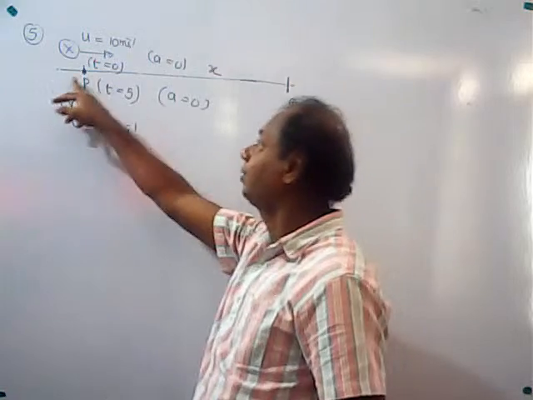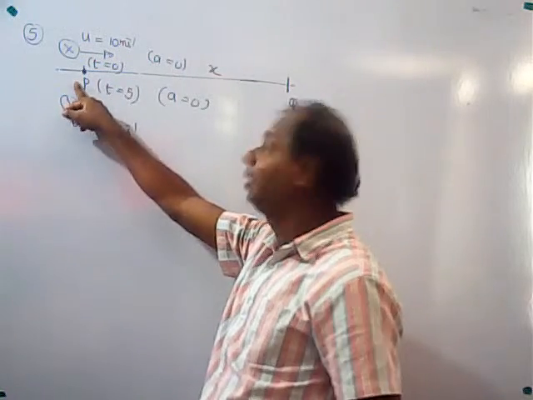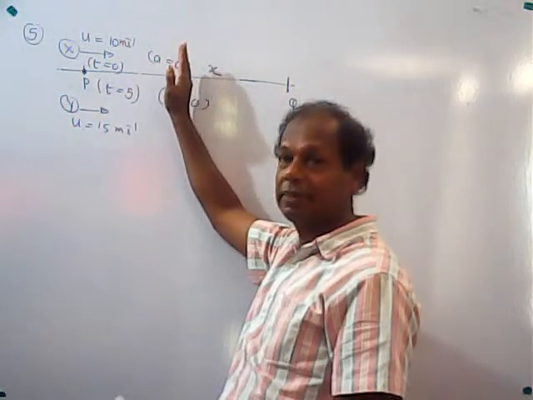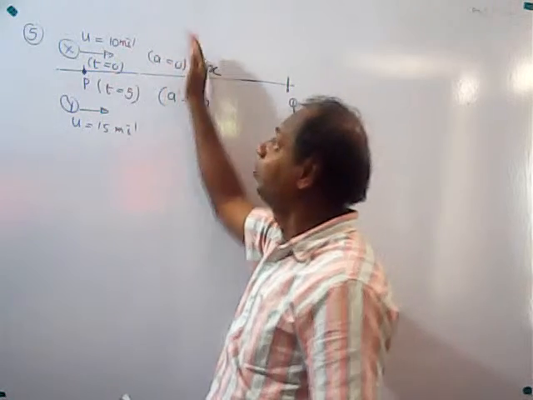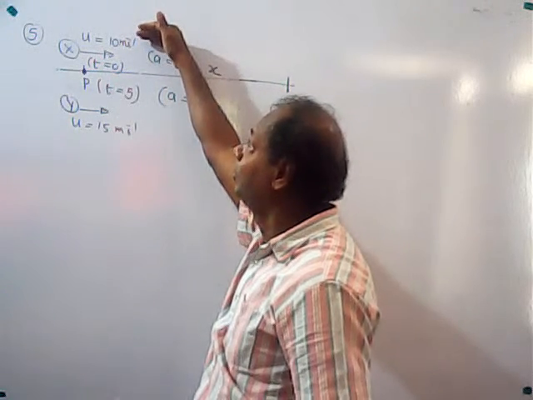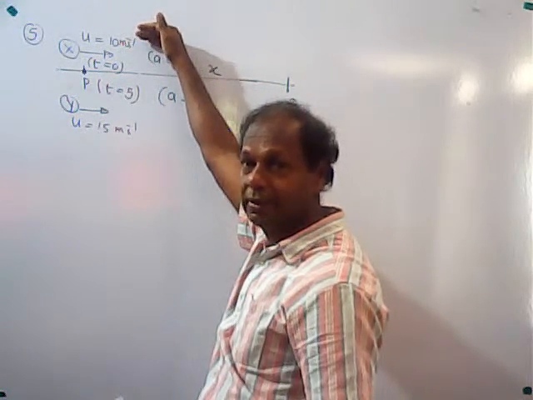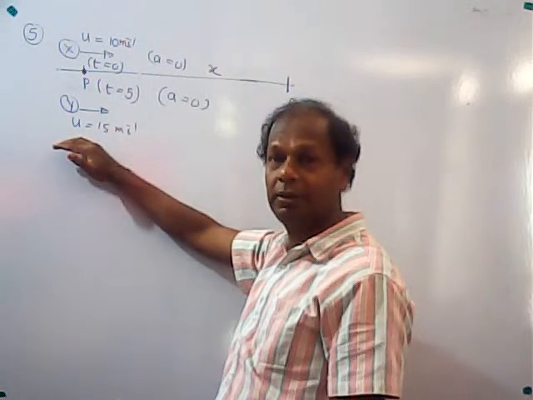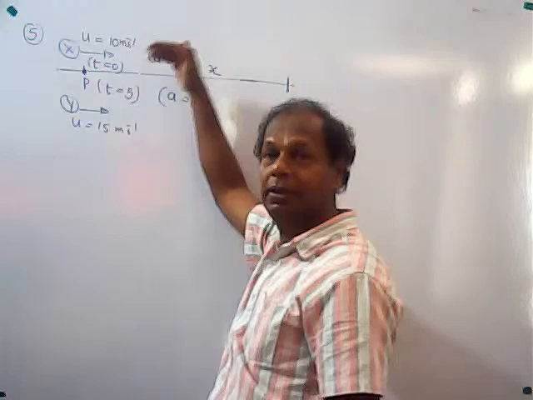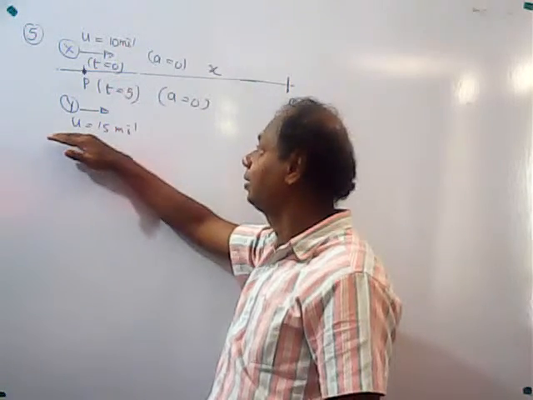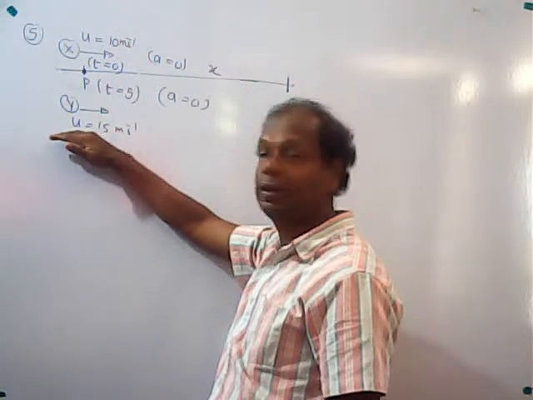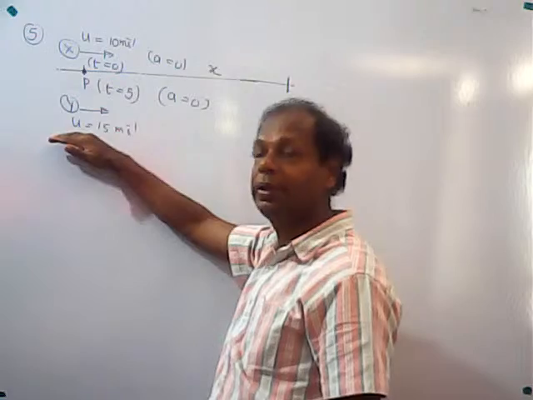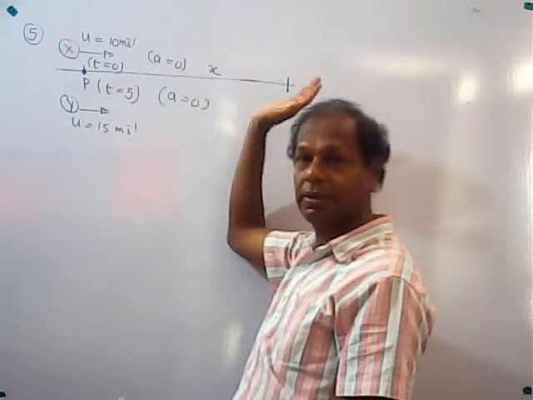So as Y reaches the point P, X is somewhere here. It has a lead, but the velocity of X is 10 and the velocity of Y is 15, much bigger than that. Therefore, Y can overtake X after some time.